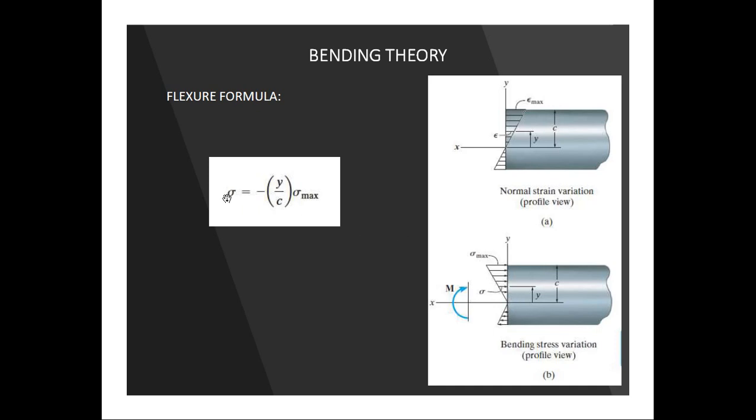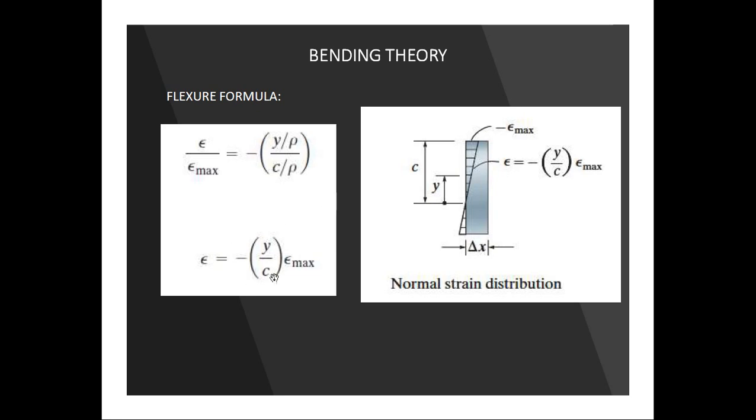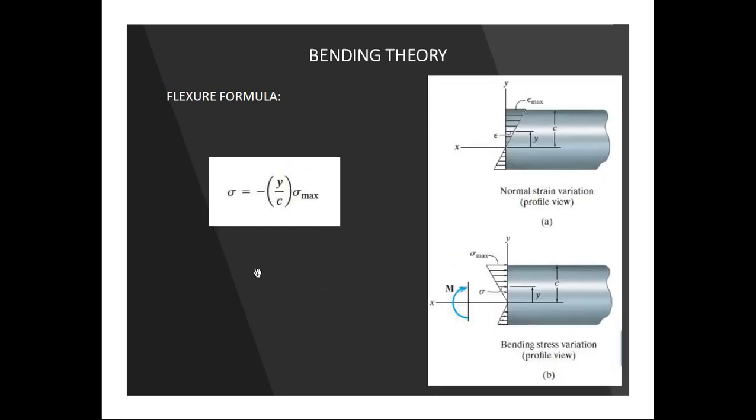Stress and strain are directly proportional to y, so this is a linear variation. As y increases from the neutral position, downward as well, the stress increases. So sigma is equal to y upon c times sigma max, which is derived from this equation.